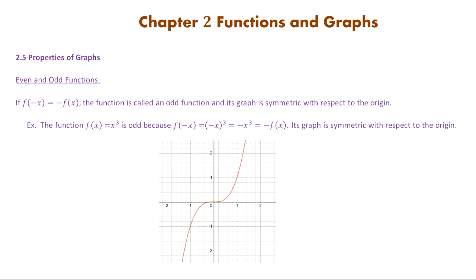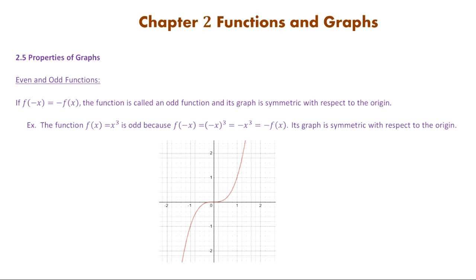Odd function. Obviously, this time you change x to negative x again, and if you get another negative sign for the whole function, then the function is called odd, and the graph is symmetric with respect to the origin. So if you change x to negative x, y also changes to negative y.